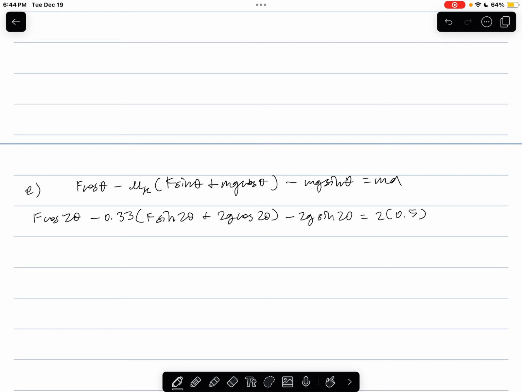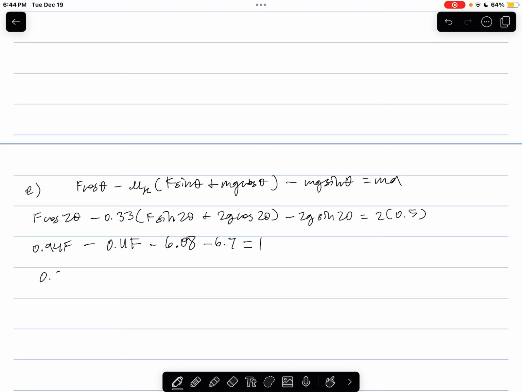And then when you do calculator work with all the cosine 20 and sine of 20, you use the rounded numbers. And then I distribute 0.3 to the sine of 20 and the 0.3 times 2 times 9.8 times cosine of 20, which is gonna get me like 0.11 F and minus 6.08, and 2g sine of 20 is minus 6.7, and then that equals 1.